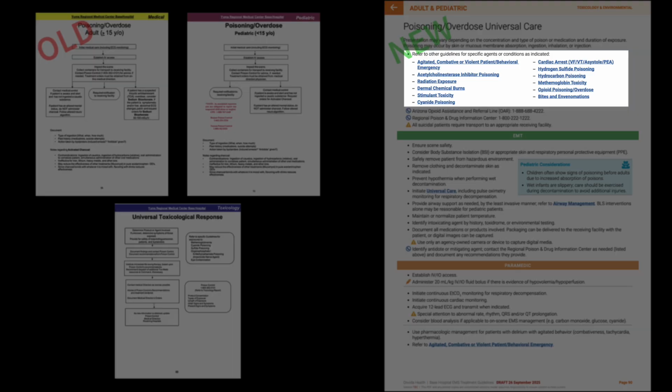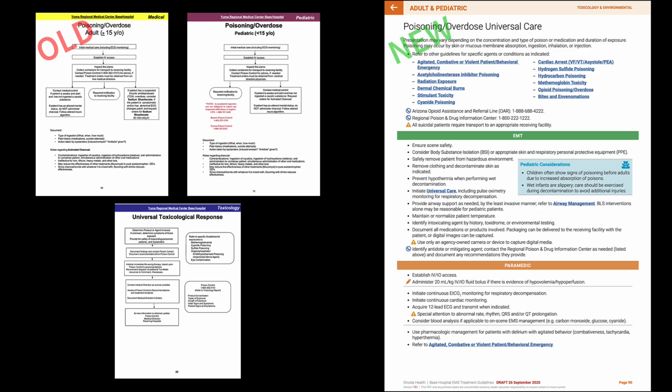At the top of the page, we've included a list of hyperlinks to other guidelines that cover specific agents. Things like opioids, cyanide, acetylcholinesterase inhibitors, stimulants, hydrocarbons, and several more. This makes it faster to jump around between pages without having to search or scroll.